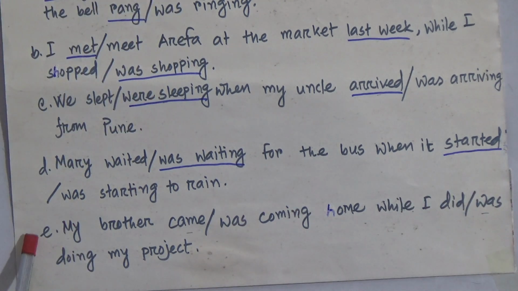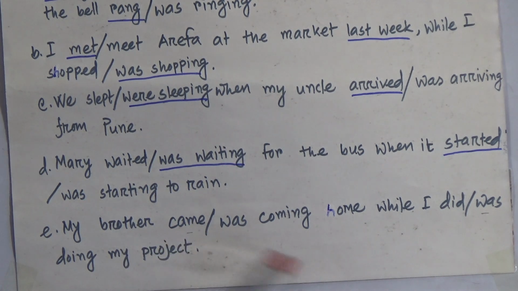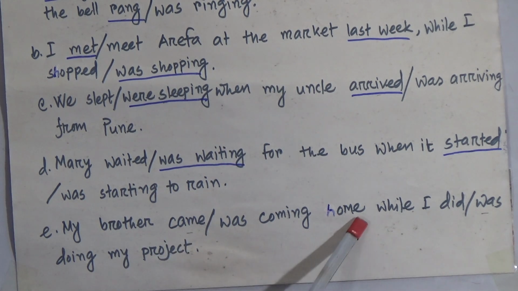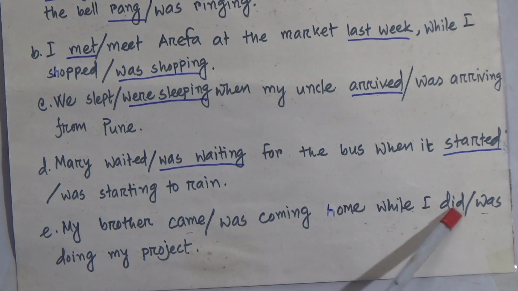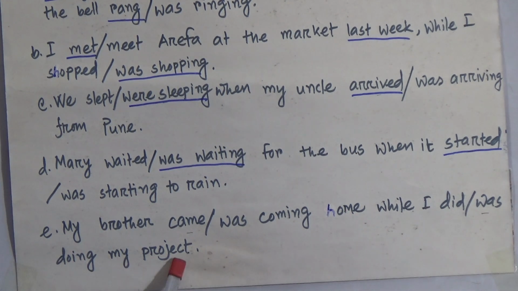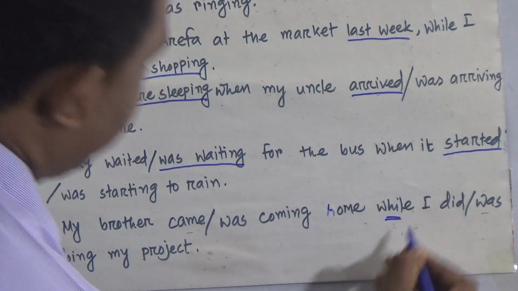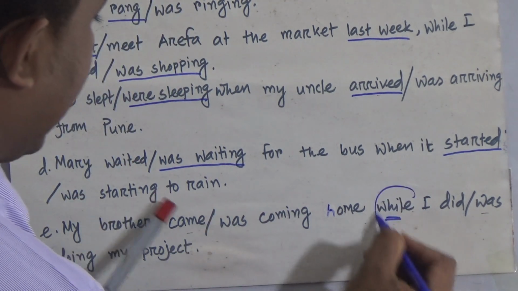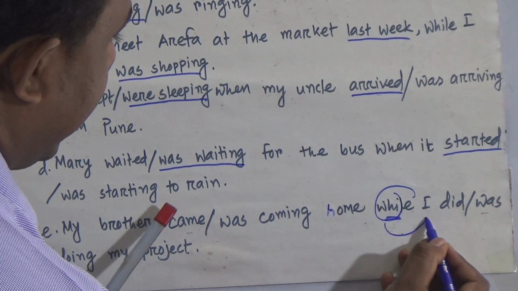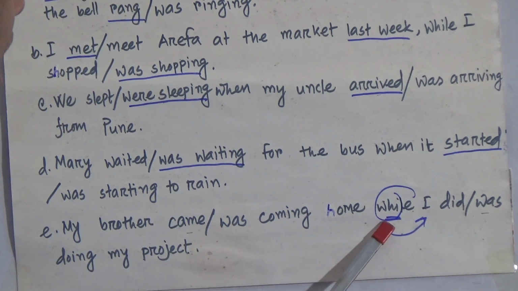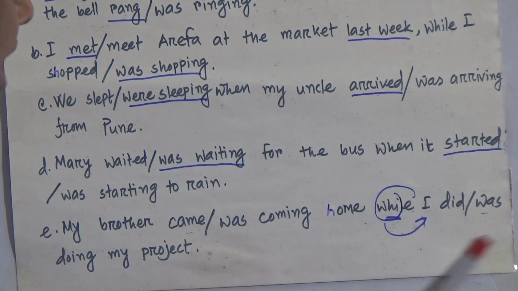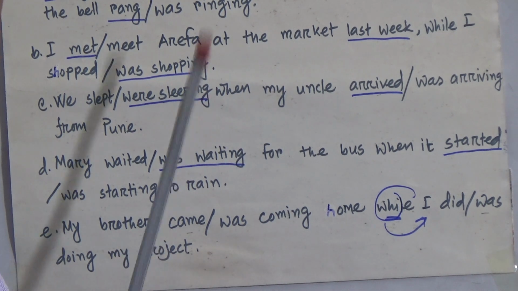Number E, my brother came or was coming home while I did or was doing my project. Dear students, after seeing this while, I told you that if you get any subject after the while, we have to convert that sentence into past continuous tense.